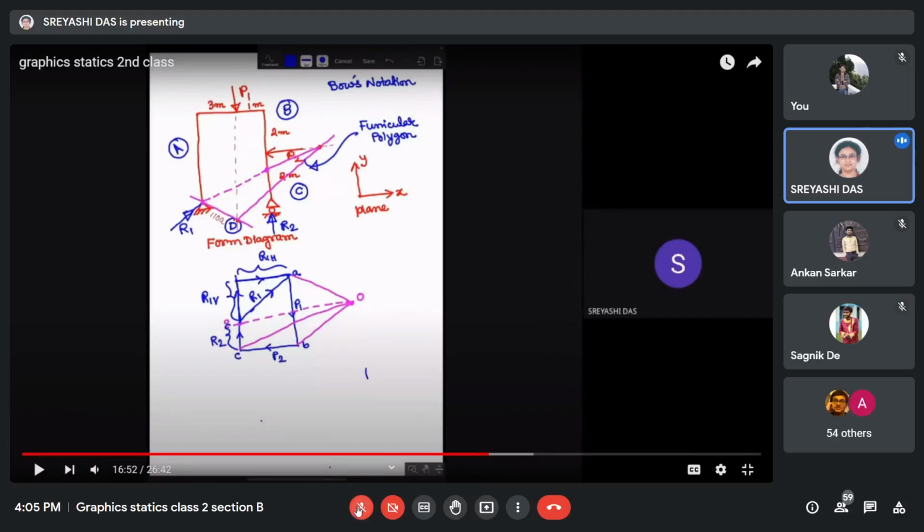Yes, ma'am. Do you know what the rafter member is? The top chords. The top inclined chords are the rafter members, and the bottom horizontal chord is the tie member.